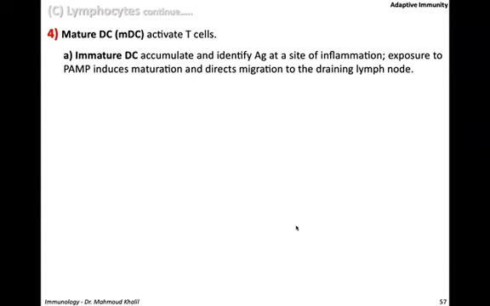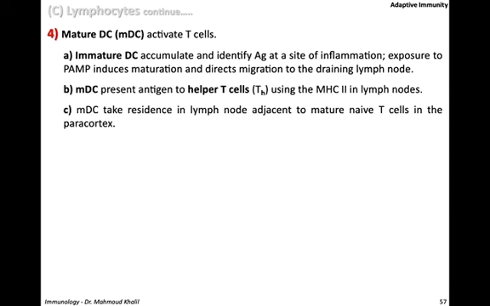So what about the mature DC, the mature dendritic cell? It is actually the main cell that activates T cells. Initially, as we said earlier in the lectures, immature dendritic cells accumulate and identify antigen at the site of inflammation. Exposure to the PAMPs induces their maturation and directs their migration, if you remember, toward the lymph node, which is the secondary lymphoid organ, the second immune tissue.